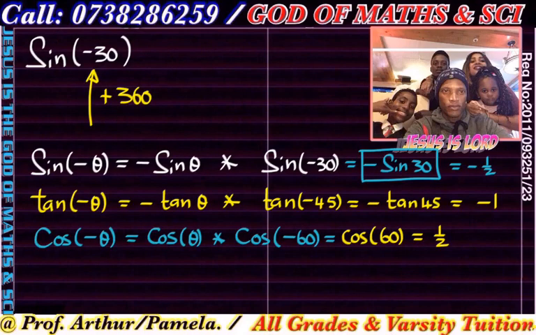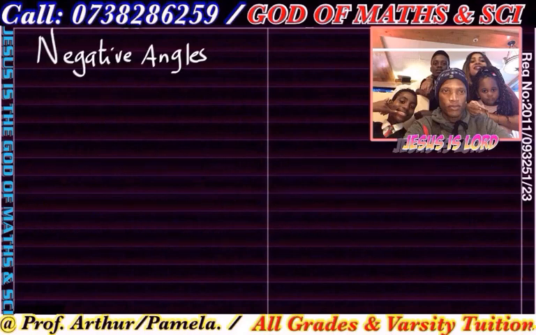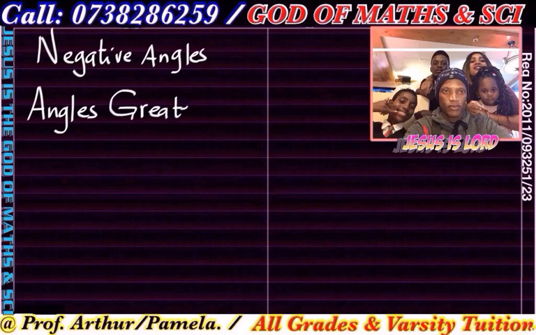Negative angles is what I was explaining here, and the other one is going to be angles greater than 360 degrees.